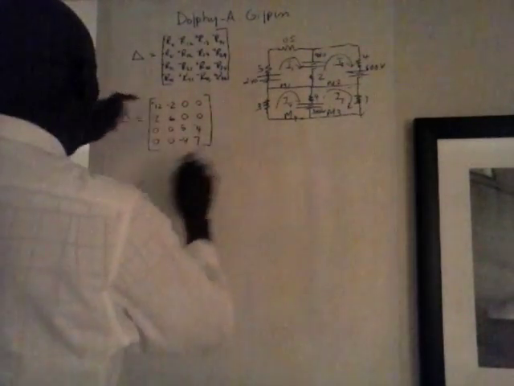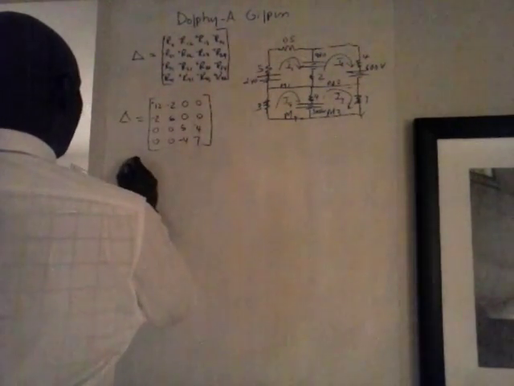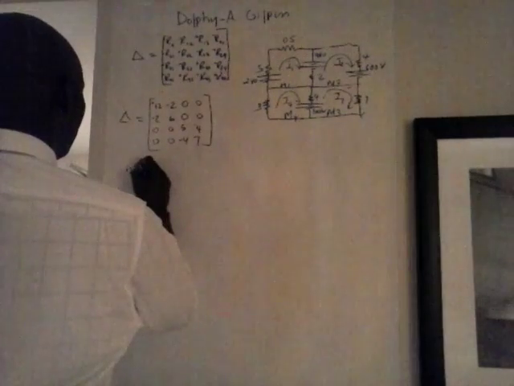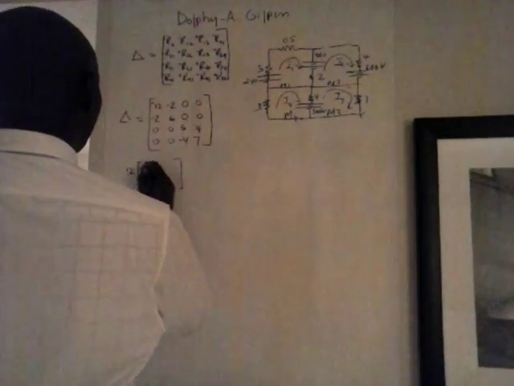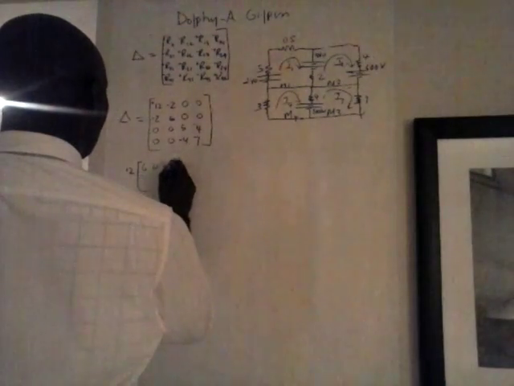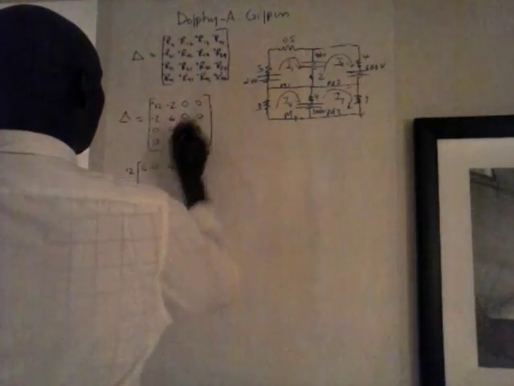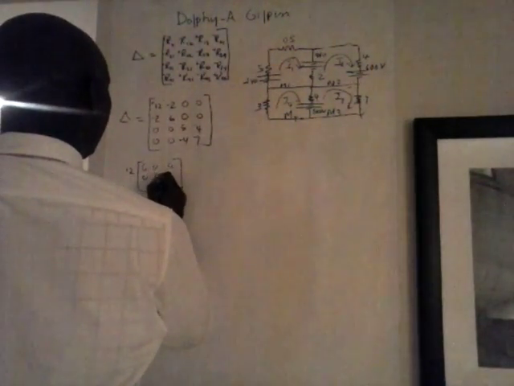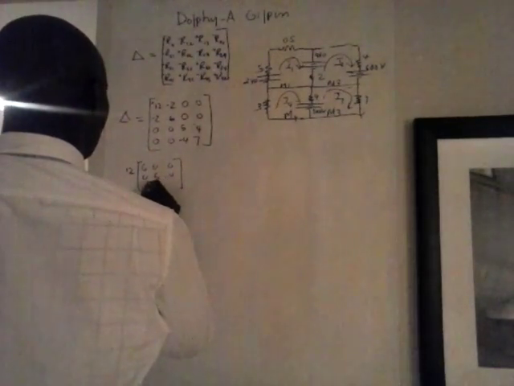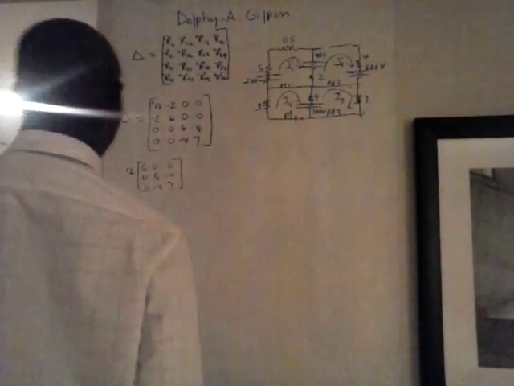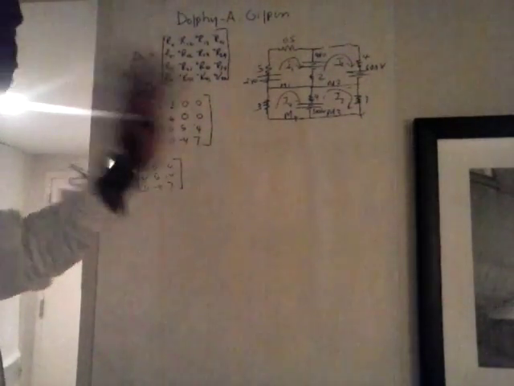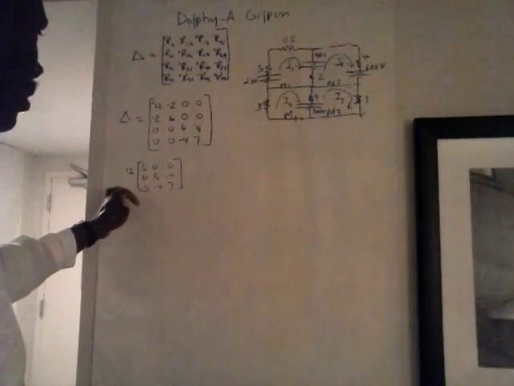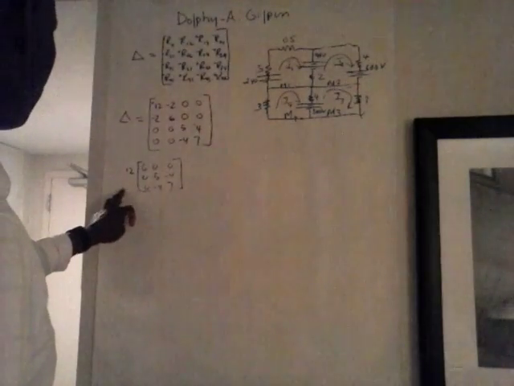All right, so let's find this then. Delta for this would be 12 into the determinant of 6, 0, 0, 0, 5, minus 4, 0, minus 4, 7. You note now that this turns out into the 3 by 3, which you have done calculation on in our previous session.